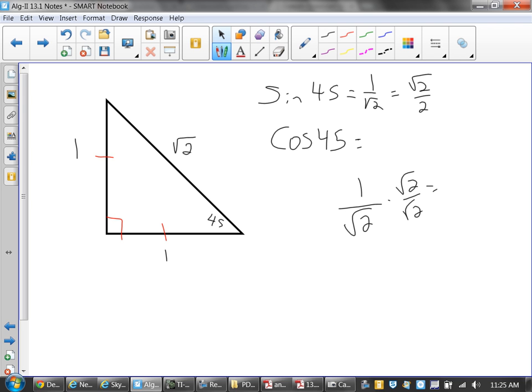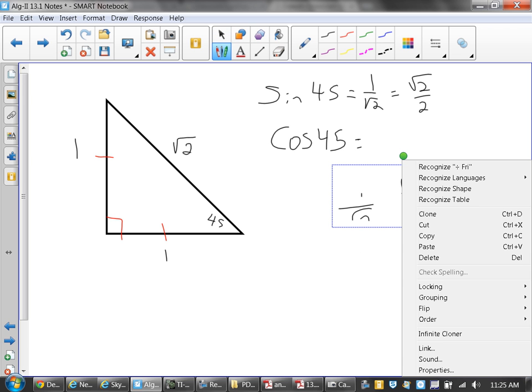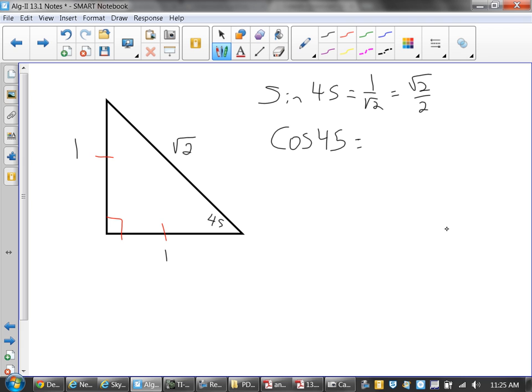Square root of 2 times square root of 2 is 2. So you get root 2 over 2. Does everybody agree? Okay. What is the cosine of 45? Isn't the cosine of 45 also going to be the same thing? Yes. So we know it's root 2 over 2. Now let me ask you this. Do we ever take tangent, sines, or cosines of 90? Why?